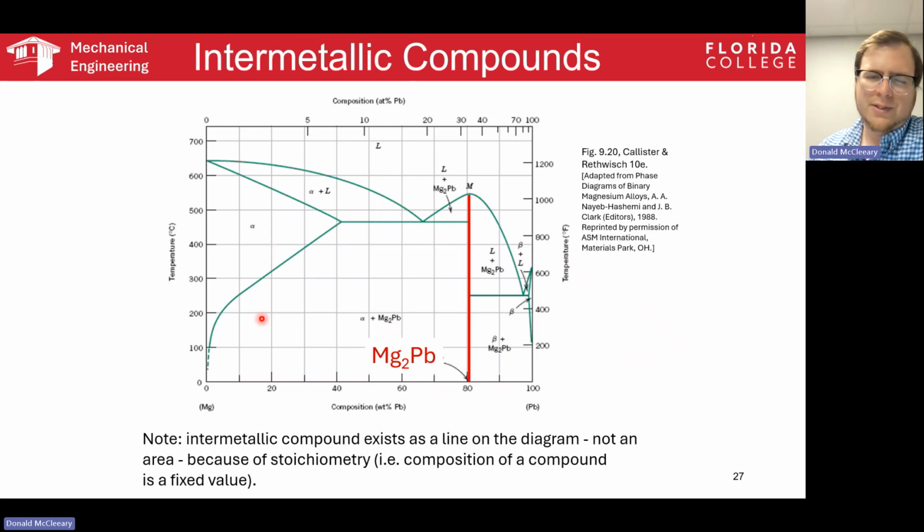You cool it down below this, and then you have your alpha phase plus this material that starts to form inside. And you'll actually see at room temperature, it always forms, right? So once you cool it down, you're always going to have your magnesium and lead intermetallic bond, which is interesting. And so you can play around with it at different stages.